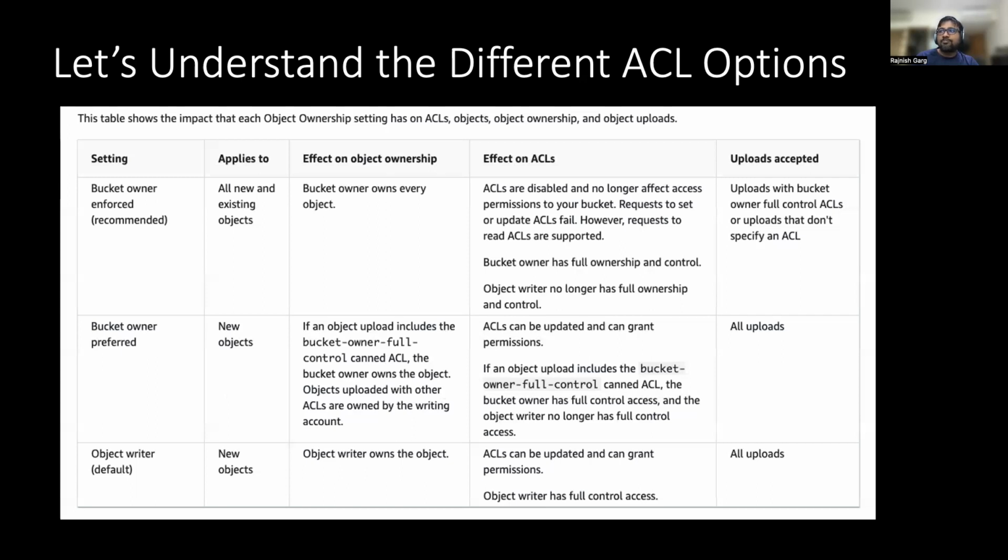But your existing objects, or new objects with no canned ACL, will still be owned by the object writer. So in the organization CloudTrail case, they will be owned by your external AWS account.